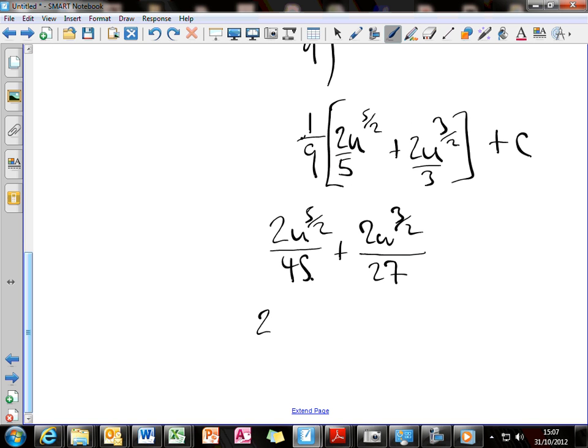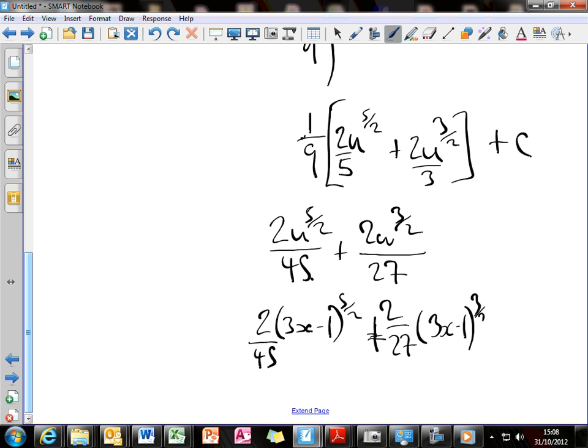So this becomes 2 times 3x minus 1 to the 5 over 2, over 45, plus 2 over 27 times 3x minus 1 to the 3 over 2, plus c, the integration constant.